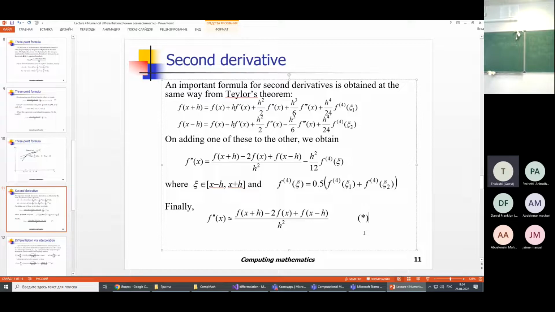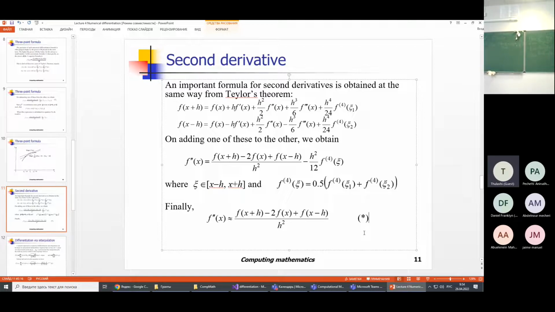So this is the first example, and let's consider another example. Let's take the function e power x. f of x equals e power x. This is a very good function in computer mathematics.